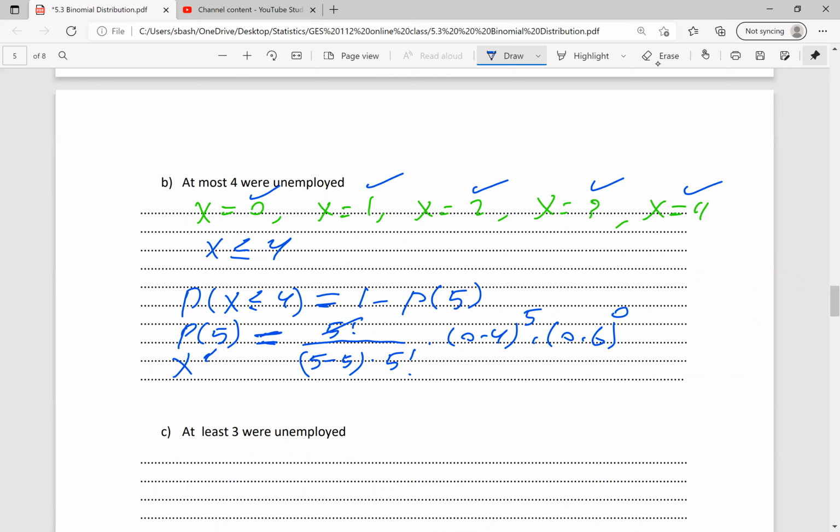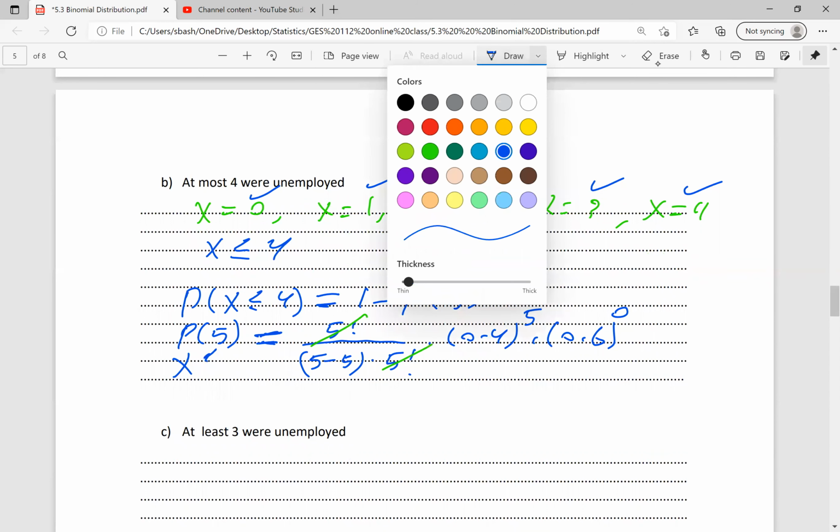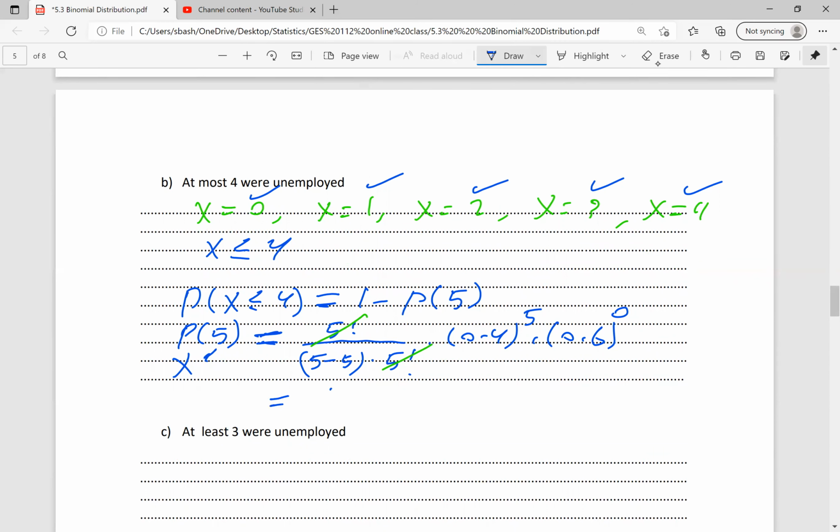So 5 factorial cancels 5 factorial, and 5 minus 5 is 0. And 0 factorial is equal to 1. This is 1 over 0 factorial, which is equal to 1, multiplied by 0.4 to power 5. 0.6 to power 0 is equal to 1.